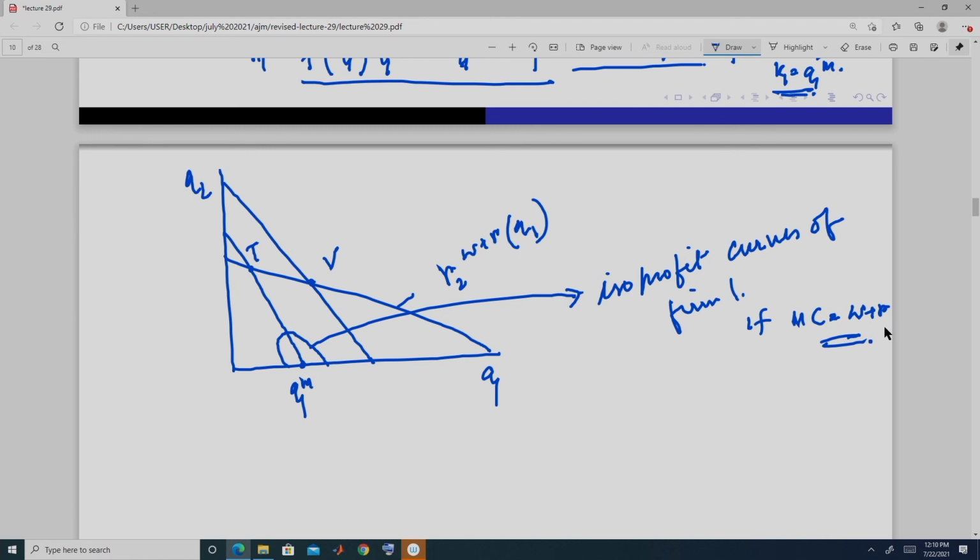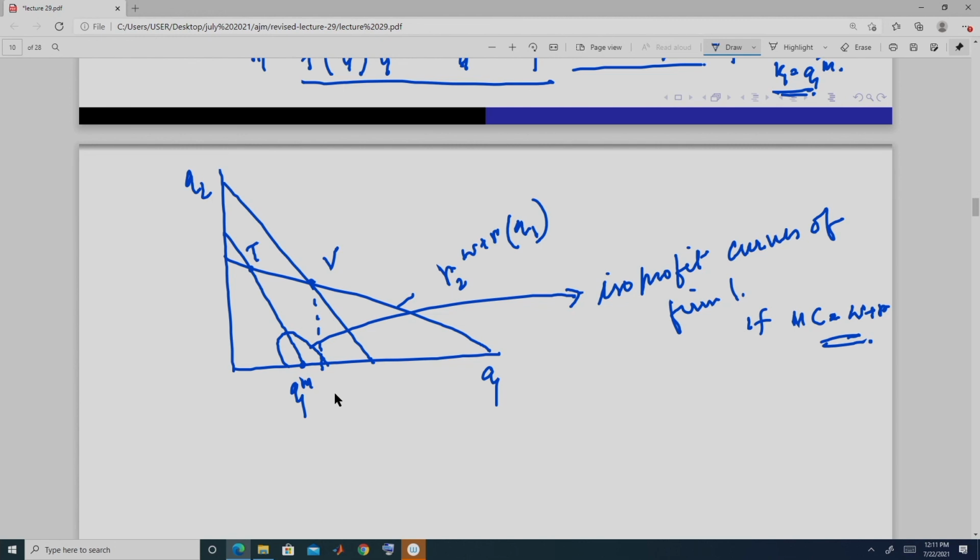We have seen that. We will have a situation where the capacity will be such that it produces that much, and it will never have excess capacity. Okay.